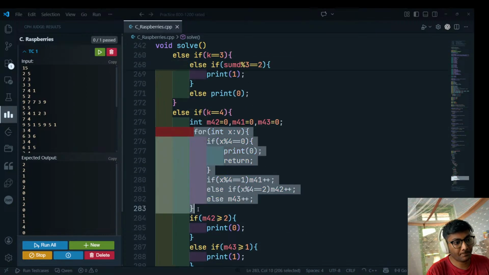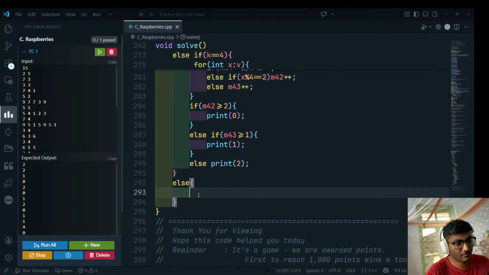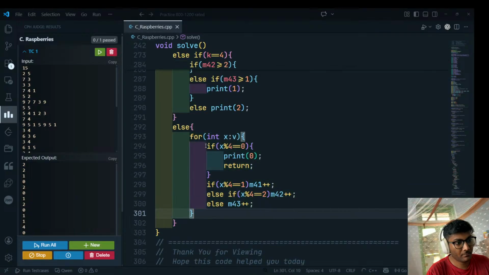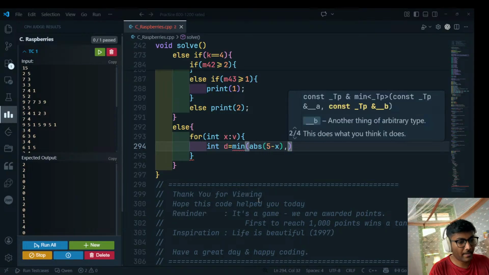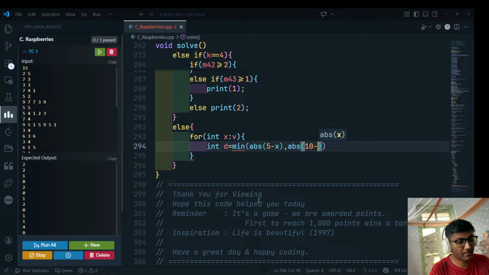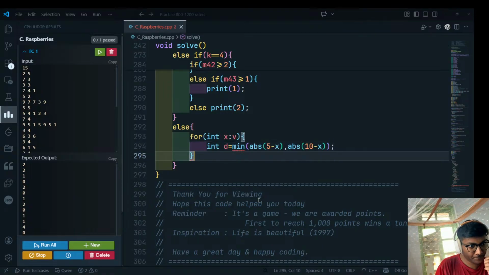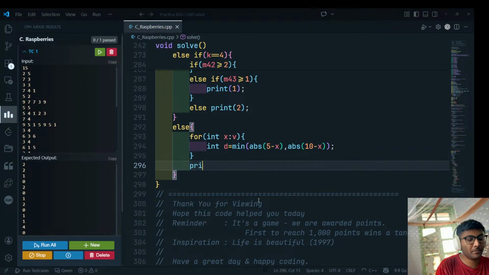So t equal to absolute, actually, I think it's a minimum of absolute 5 minus x and absolute 10 minus x, I guess. And we just print the minimum.